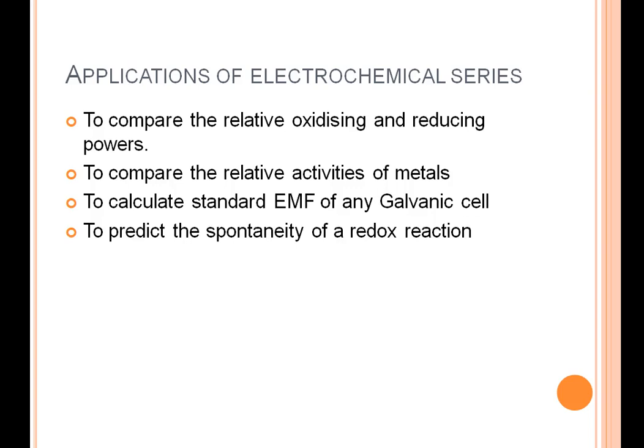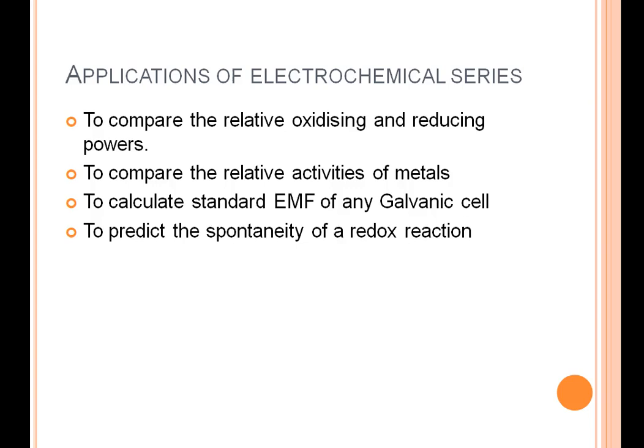Greater the value of reduction potential, more easily is the substance reduced, or you can say it will be a stronger oxidizing agent, and vice versa. Second, to compare the relative activities of metals. Greater the oxidation potential of the metal, greater will be its reactivity.